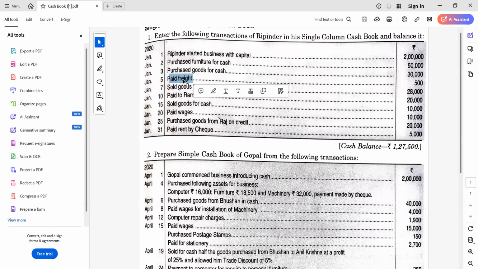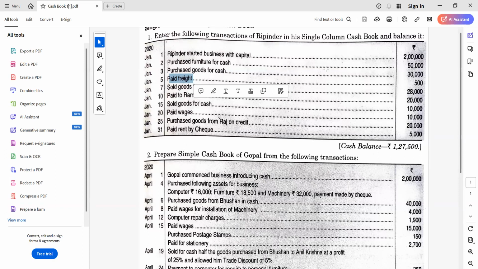Rent is for any property like building, room, or apartment. Freight is related to vehicles. You pay a vehicle owner to take your goods from one place to another. So basically, transportation of goods, right? Yes.